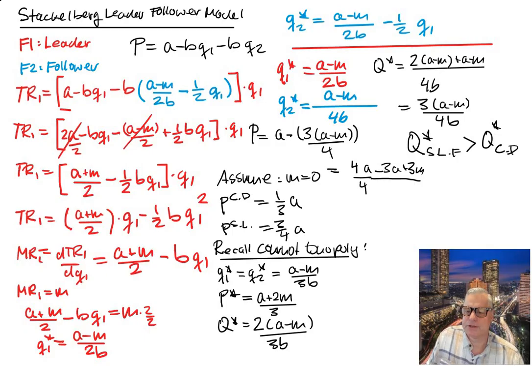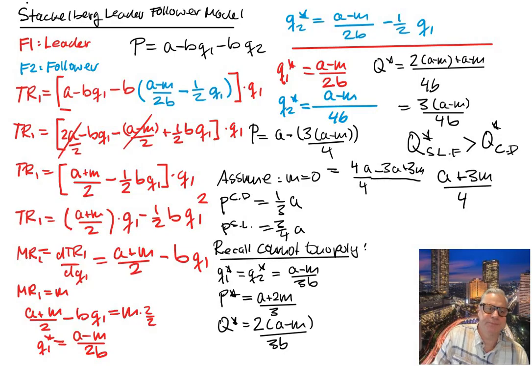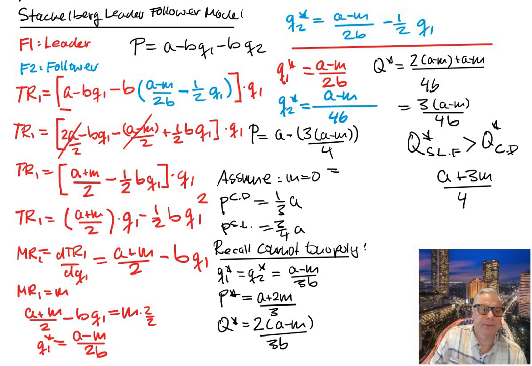So that leaves us with 1A, so A fourth, so the price is A plus 3M over 4. Okay, I'm sorry, I made a mistake earlier, but now everything seems to be correct.